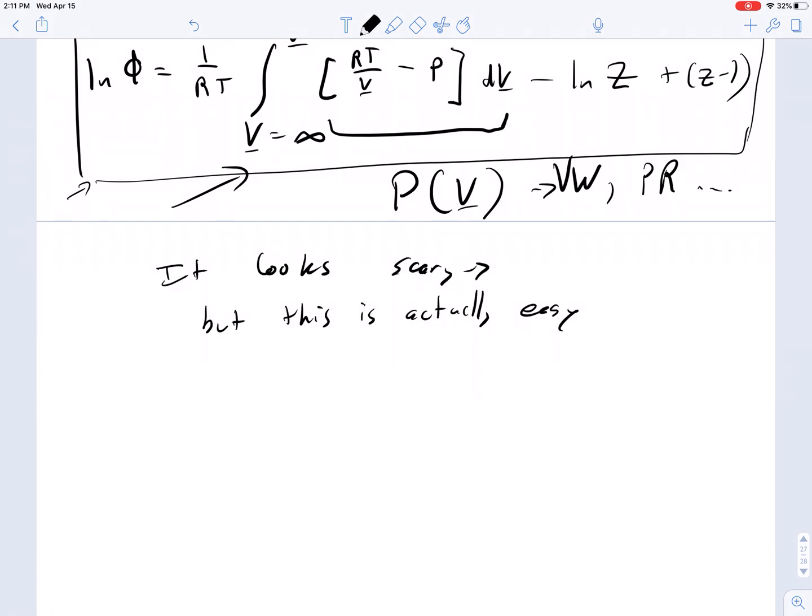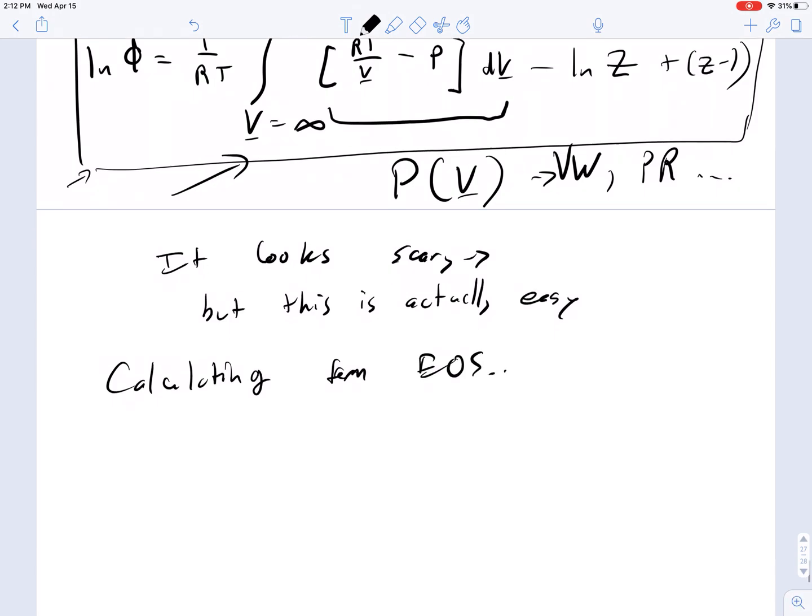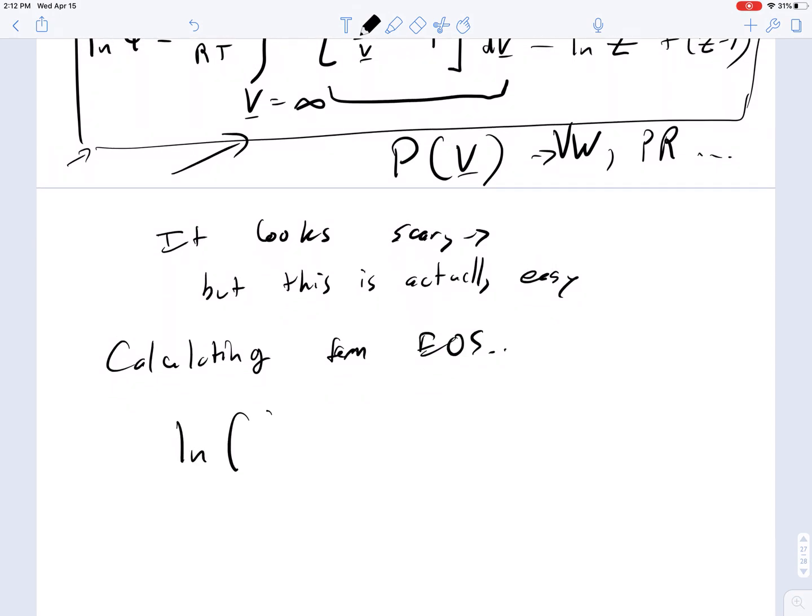So, calculating the fugacity from an EOS, we can start with log of fugacity over P equals, we just have to make some substitutions.